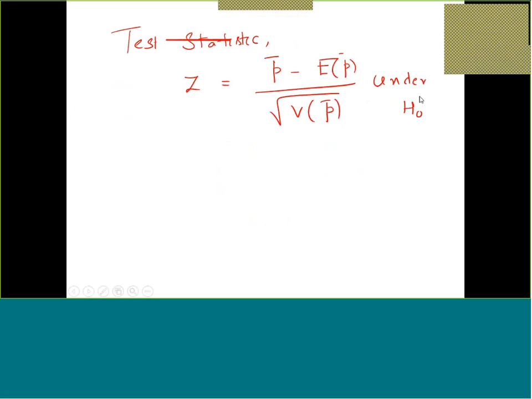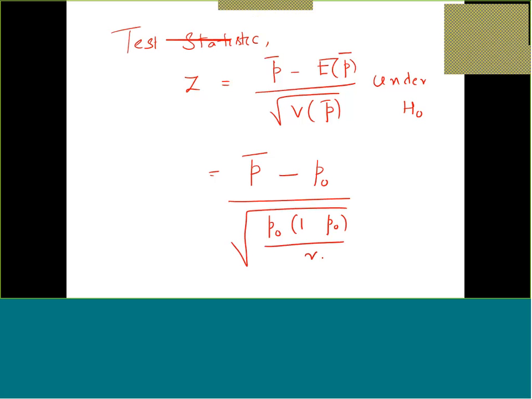Yeah, you have to check for P, not for P bar. So that is P bar minus expectation of P bar, which is P, but under H naught, P is taking the value P naught, by square root over P naught into 1 minus P naught by N. That is P bar is 0.52 minus 0.64 by square root over 0.64 into 0.36 by 100.